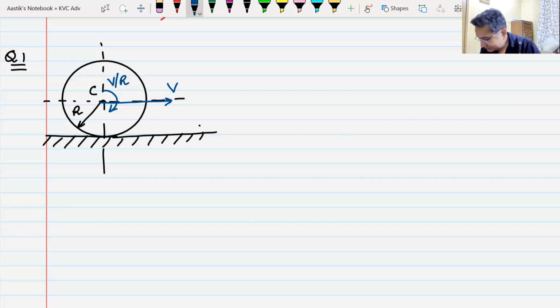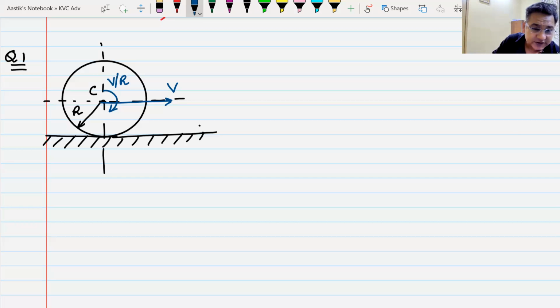It will be top of the disk or bottom of the disk, sir. No, you can't give two answers. It cannot be at 2 points. It has to be at 1 point. What is that point? So you have to locate it.